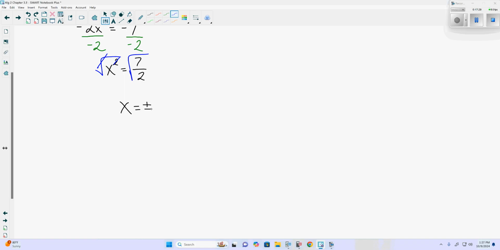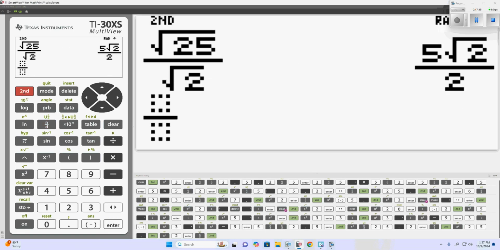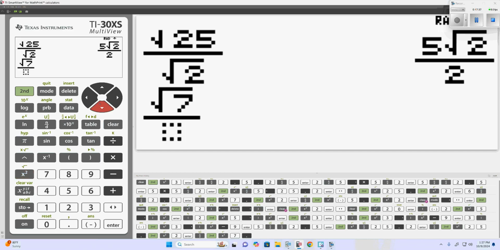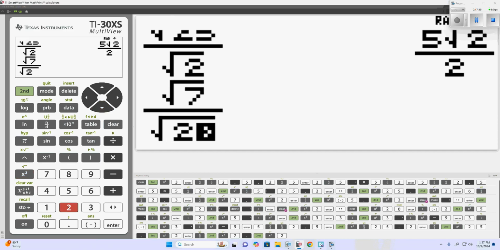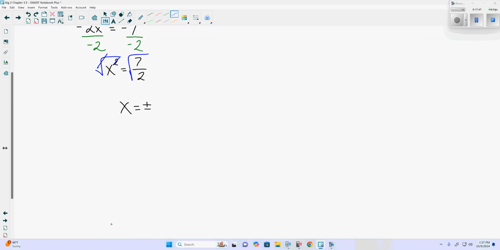Now, to simplify our square root of 7/2, especially in the calculator, as we saw earlier, we do need to split it up and take the square root of 7 over the square root of 2, which does reduce to the square root of 14 over 2. And that's going involving our properties of radicals. Questions on how we got to this step here?